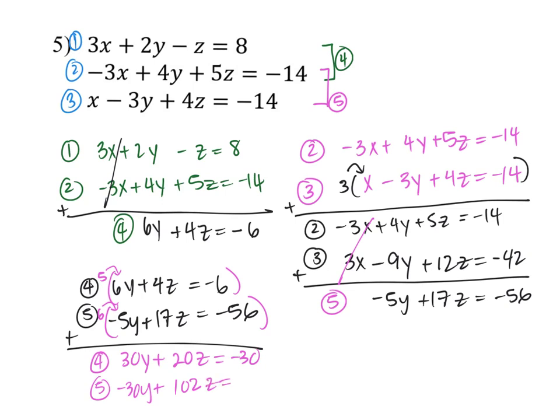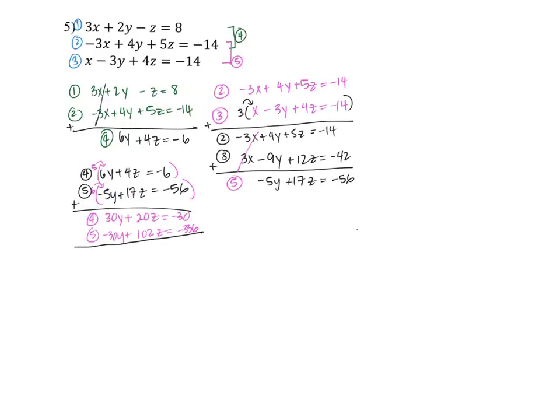And 6 times negative 56 is negative 336. Okay, so what I'm going to do is combine these. Let's finish up this problem. I just shrunk it down so that I have more room.